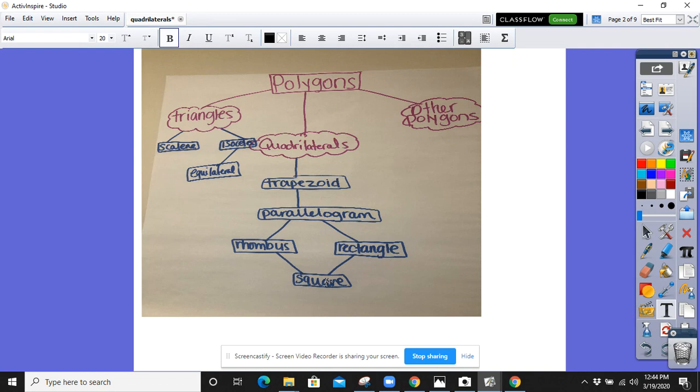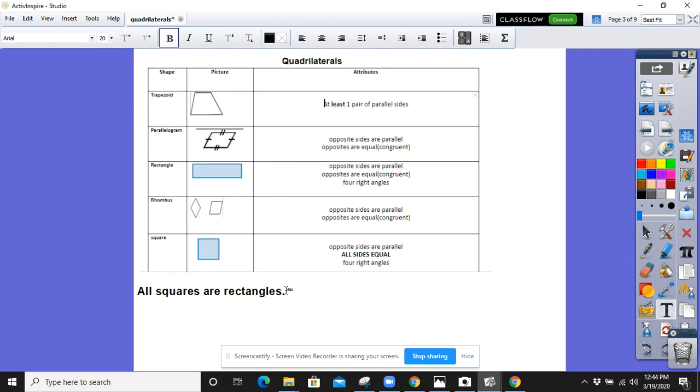So you're really going to have to look at these and study these and think of the generalizations. So think about some other generalizations. All squares are rhombuses, and sometimes it's spelled rhombuses or rhombi for plural.